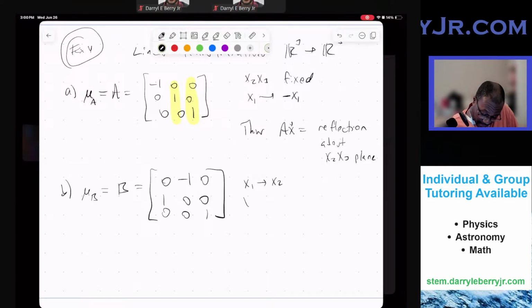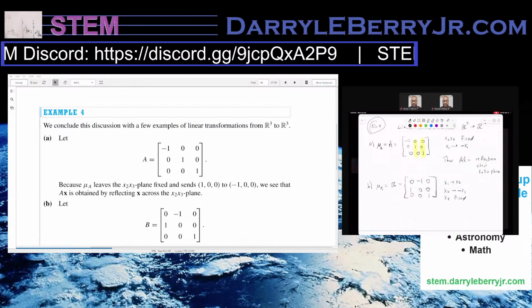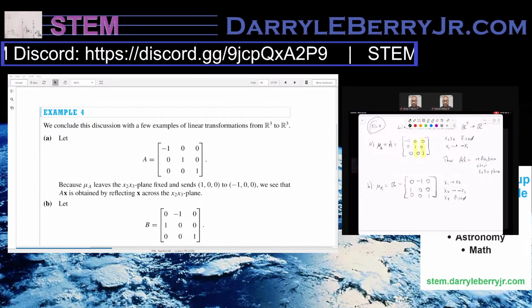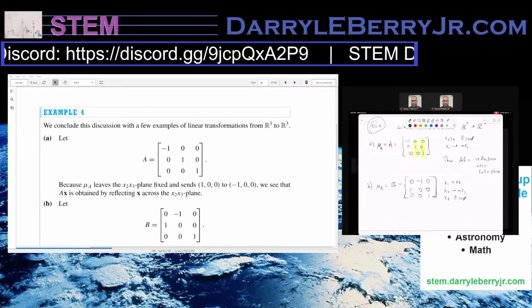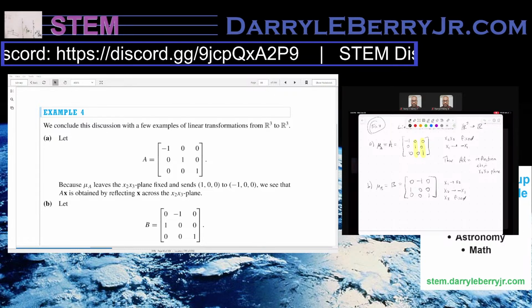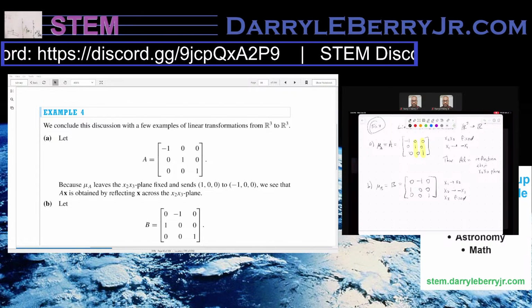We have x2 goes to -x1. And we have x3 fixed. That's what I'm seeing here. We'll take a look and see what the book says. So if I was to look at this, I would say that it was a 90 degree. I have to see.